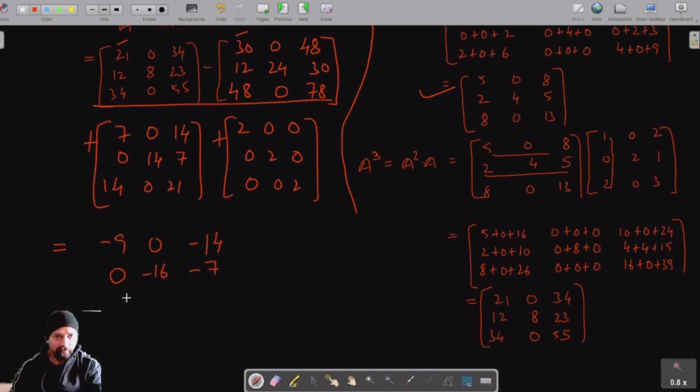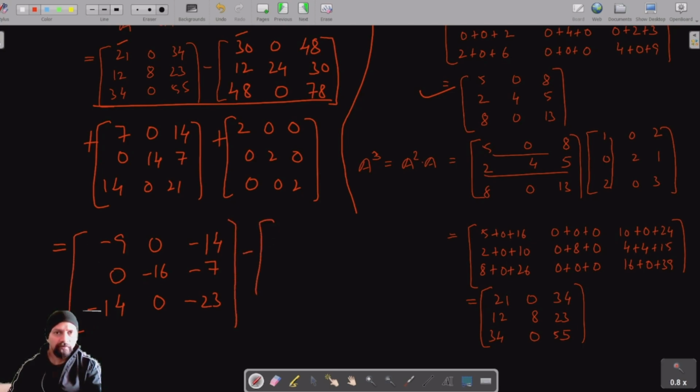So 34 minus 48 is negative 14, and then this is negative 8 minus 5 is 3, 7 minus 5 is 2.